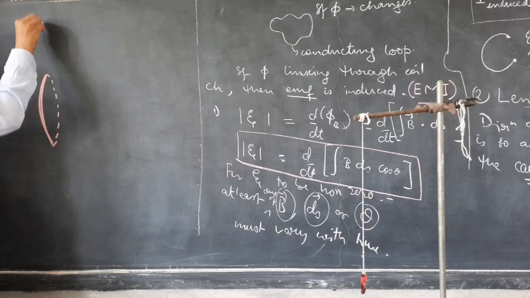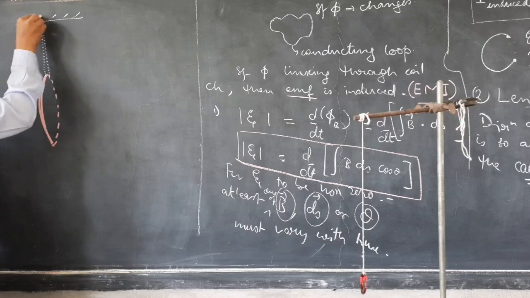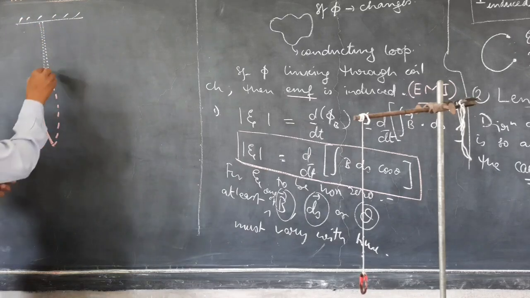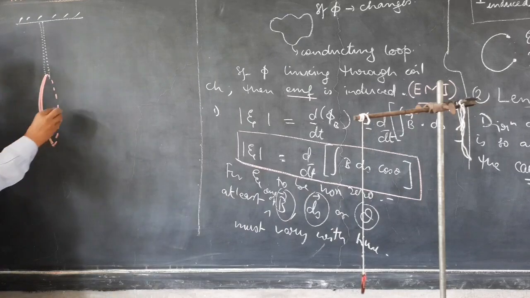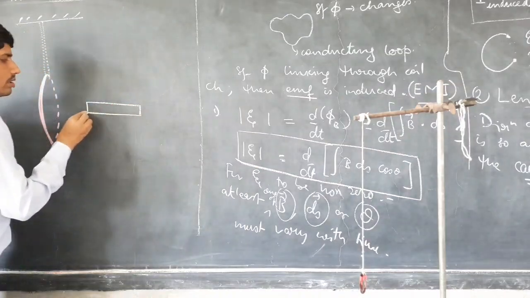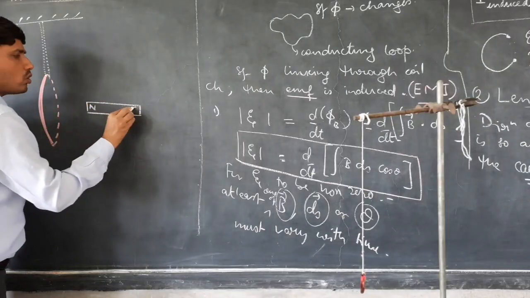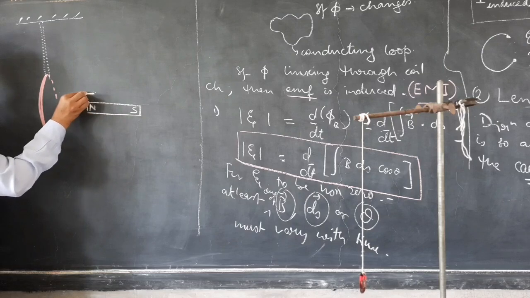Suppose it hangs from some rigid support with the help of an insulating thread. Now we bring a bar magnet, suppose with its north pole facing towards the coil.